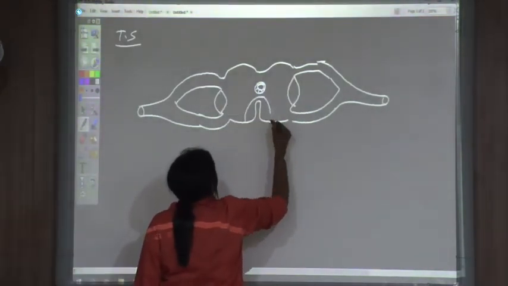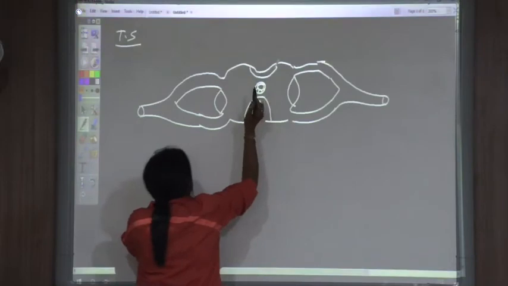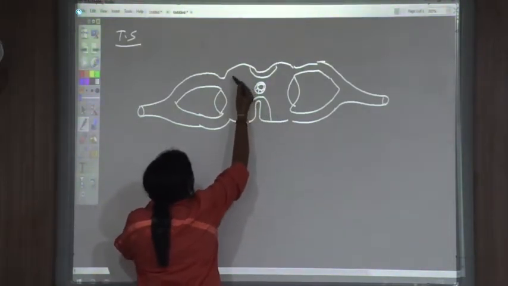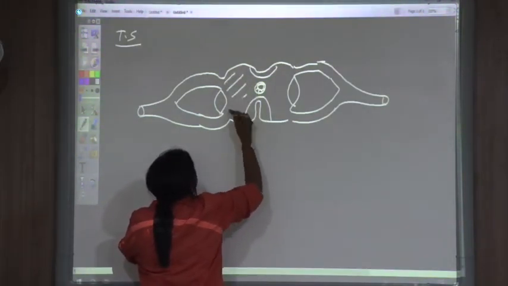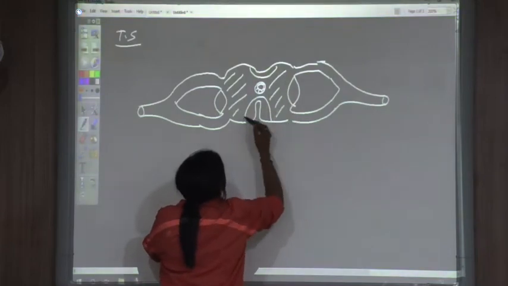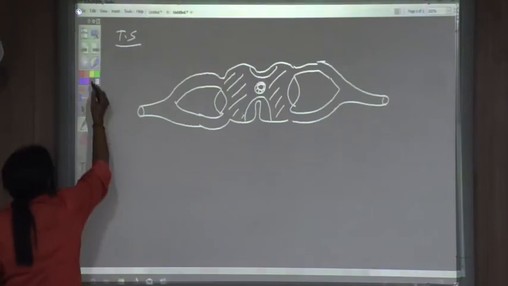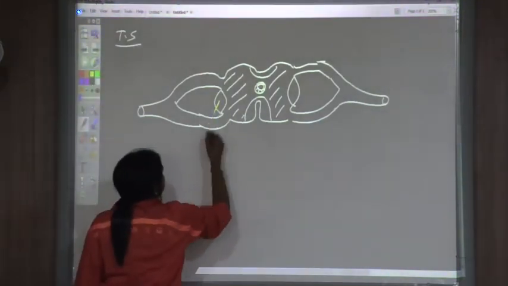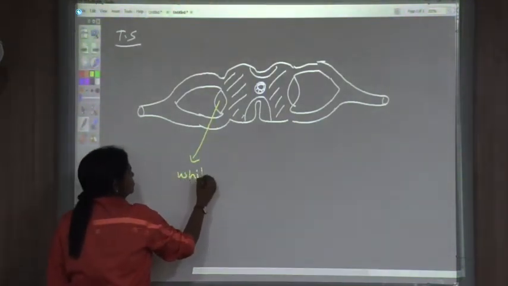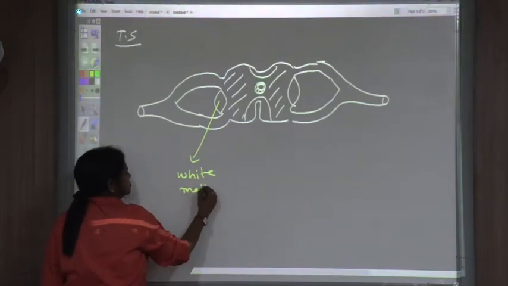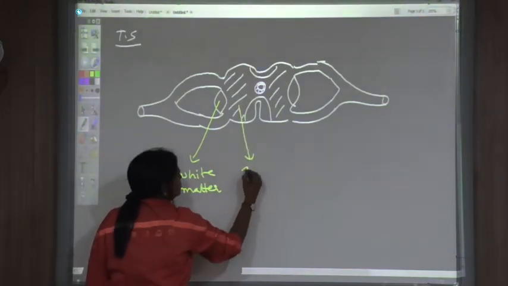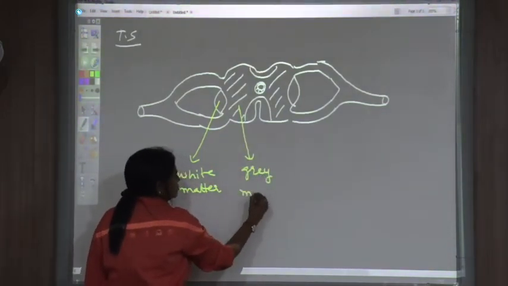This is the grey matter, the butterfly shaped grey matter. This one. This is the grey matter. Like in the brain the grey matter is outside, in the spinal cord it will be on the inner side, and the white matter will be on the outer side. This is the white matter. So basically it is the grey matter that will be performing the association functions, and it will be making the decisions and other things.